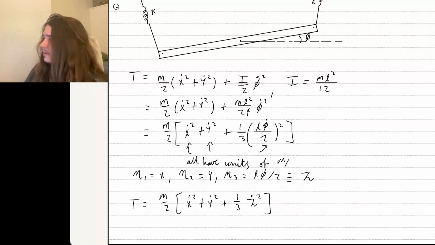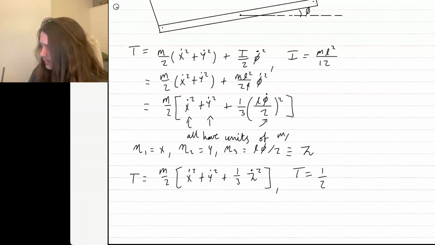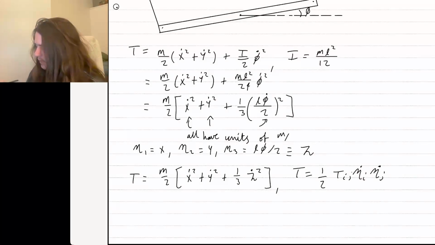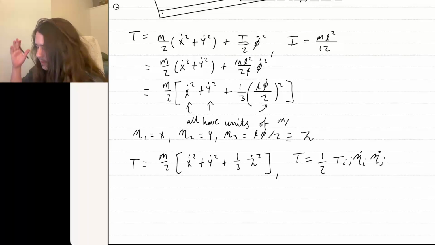Now the kinetic energy matrix obeys this equation here that says T equals 1/2 of T ij eta i dot eta j dot. So thankfully there aren't any cross terms, and there are just the terms that are generalized coordinate squared, generalized coordinate squared, generalized coordinate squared.